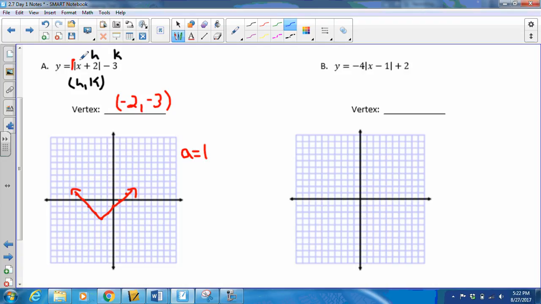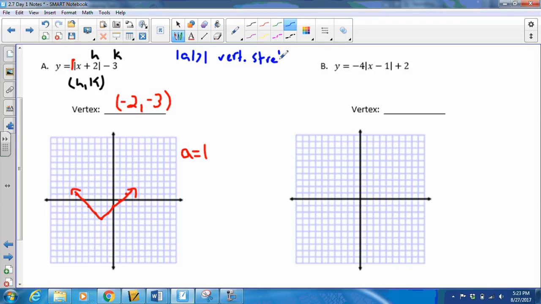Okay, so now let's talk about if we have what is called a vertical stretch or shrink. Remember, a vertical stretch means that the absolute value of A is greater than 1. So that's what we would call a vertical, I'll just put vert for short, and it'll be a vertical stretch.